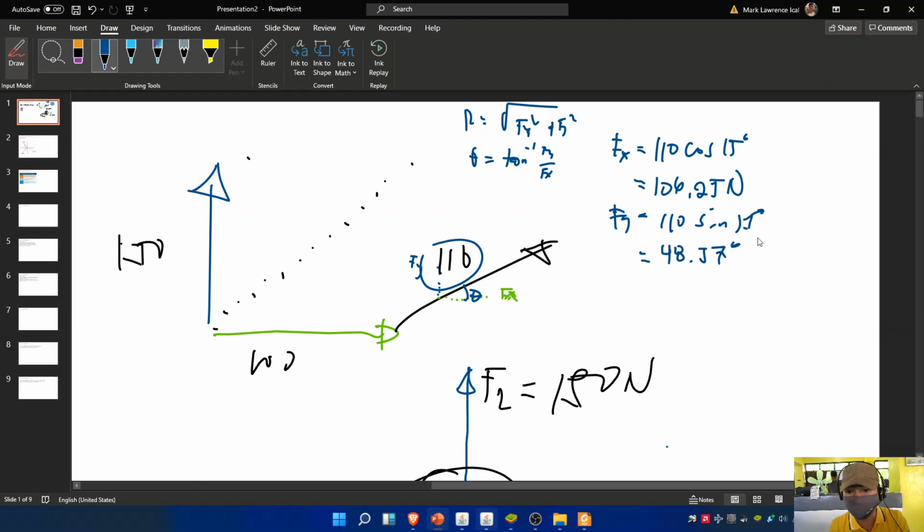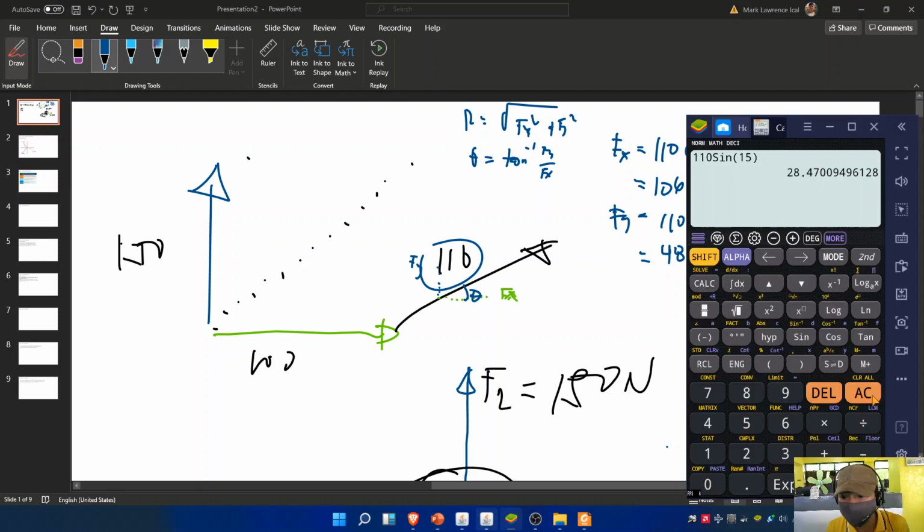Oh, sorry, that's Newton. So, the angle between the two, yeah, that's the angle between the two. So, kung medyo confused kayo, try nyo rin ulit, i-counter check now. So, that's 48 over 106.